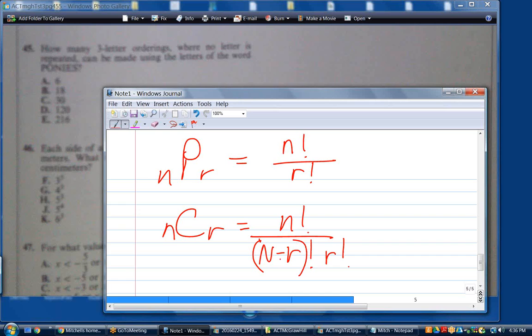Notice in the bottom one there are two n's and two r's. In the top one there's only one n and one r. Now, first of all, there's two things. How to do these and how to decide whether we're going to use the pick or the choose. This is a permutation. This is a combination.